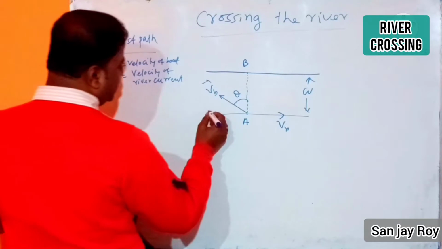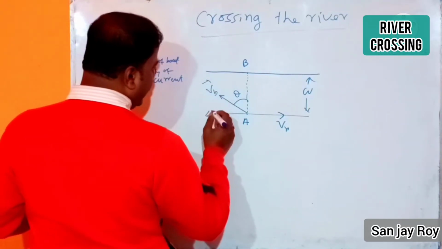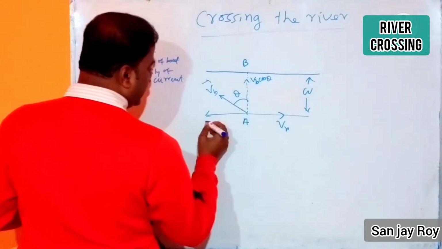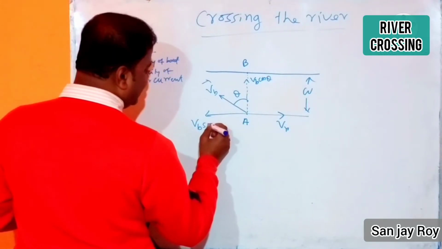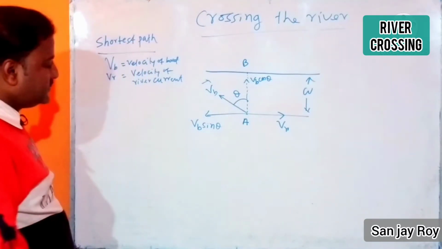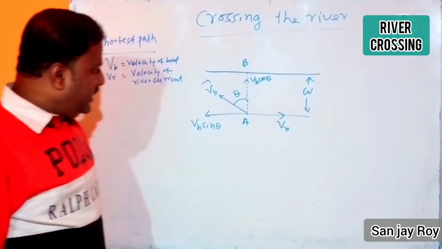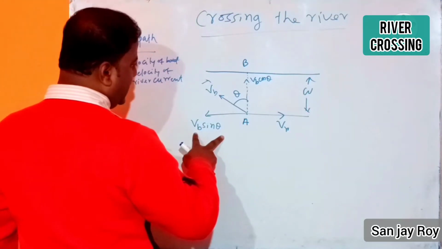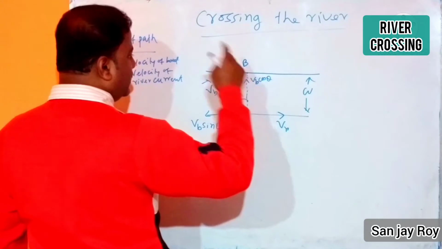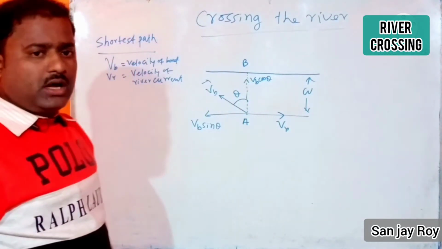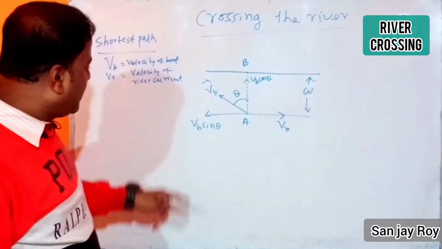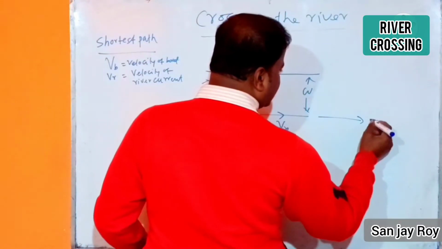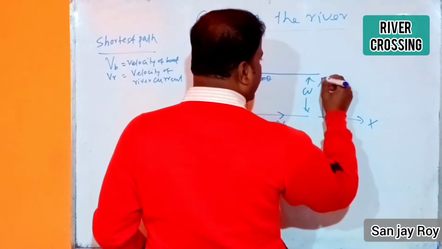If we resolve this VB, then we get this is VB cos theta and this is VB sin theta. So here we see three velocities, VB sin theta, VR, VB cos theta on the boat. This is the X direction and this is the Y direction.